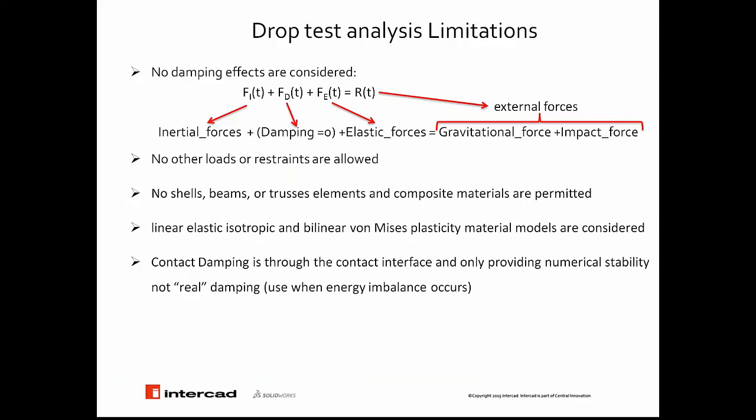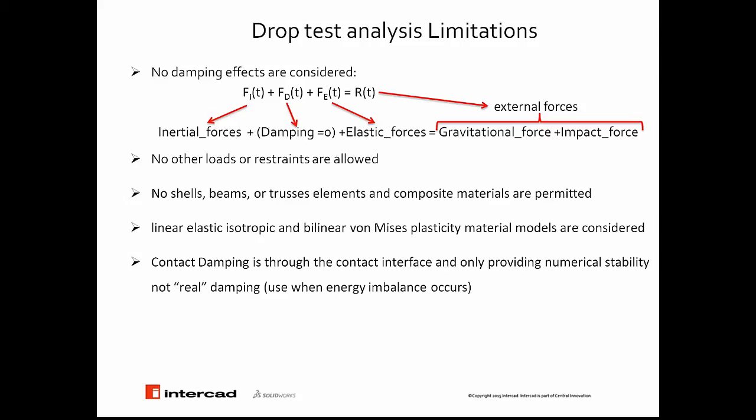Also, as we saw and experienced within the case study, we can't define any sort of load or restraints, such as pressure, force, torque, or anything else. That is just restricted to the drop height and gravitational effect. These sorts of studies are not performable on shell, beam, or truss elements, or even composite material.